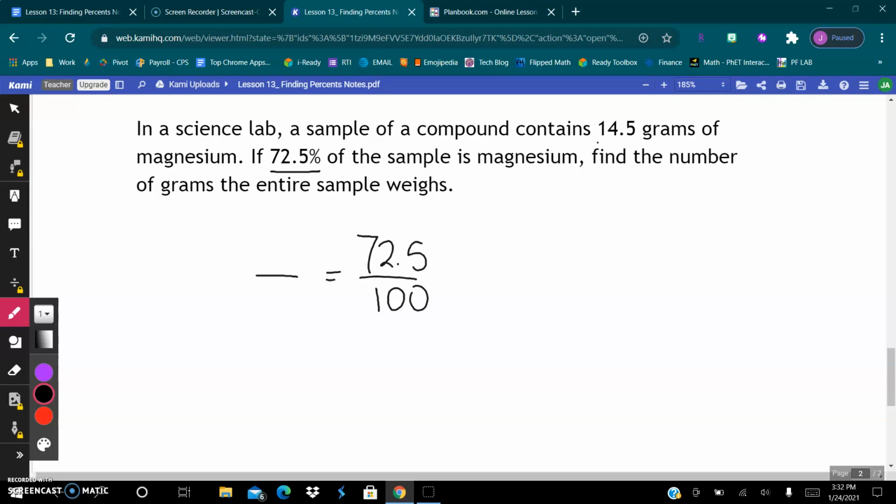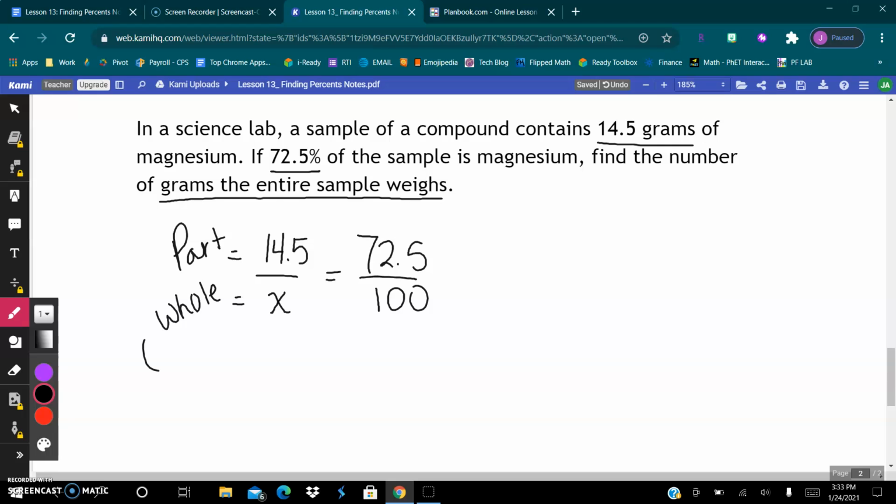And the other number we have is 14.5, and we need to know if that's the total or if that's just part. So the question is asking us, find the number of grams the entire sample weighs. So that would be the total. They're asking us for the whole thing. So 14.5 must be part of it. So remember, the top is a part and the bottom number is a whole or total.